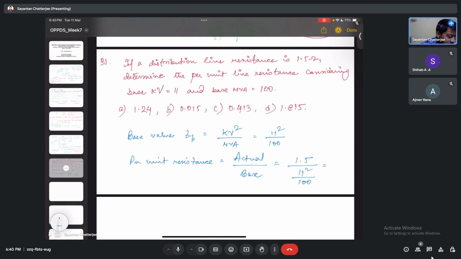Is it giving the same value? I have the calculator. Yes, 1.239. Yes, 1.24. So that's the answer.